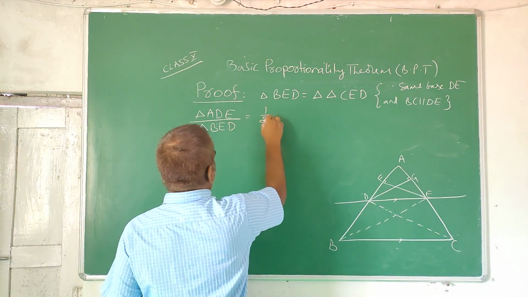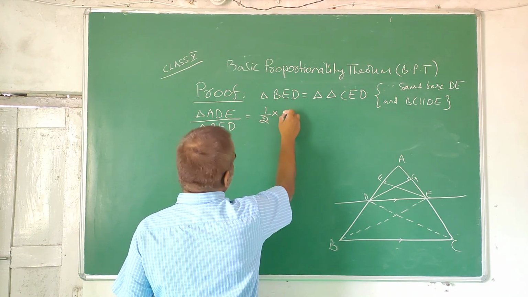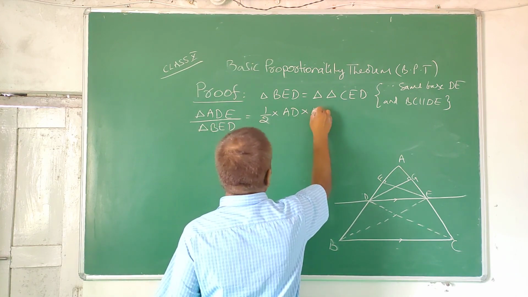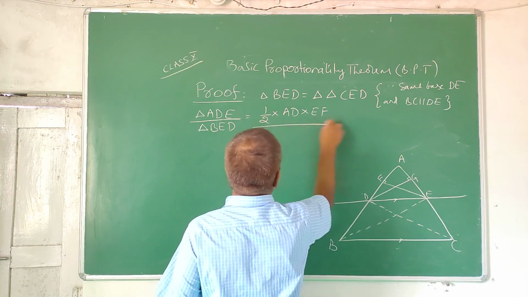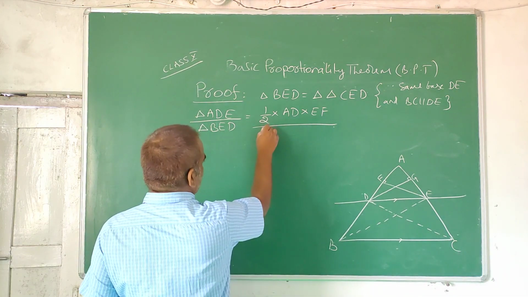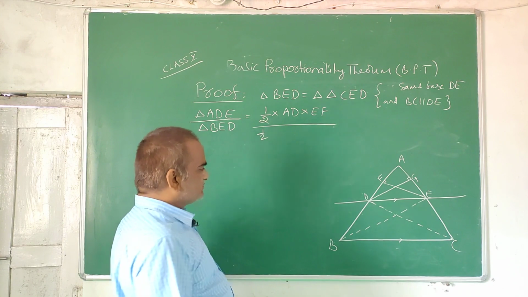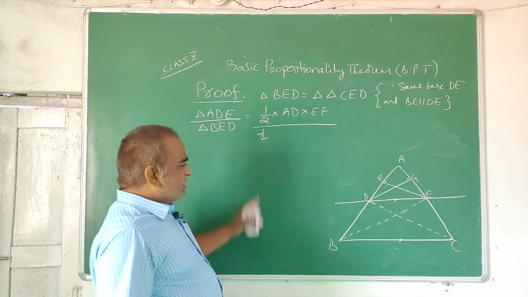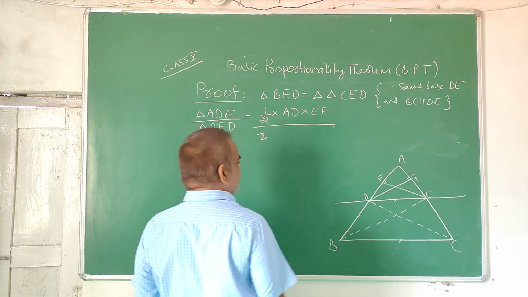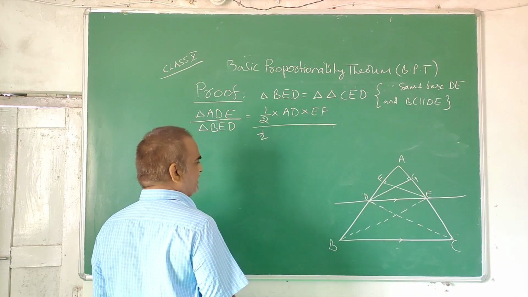So the area of triangle ADE is half into base AD into height EF, by triangle BED, half into base BD into height EF, because if you produce BD, you can see the perpendicular attached to it.